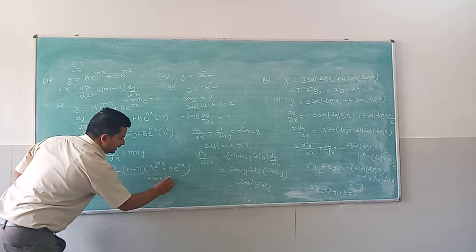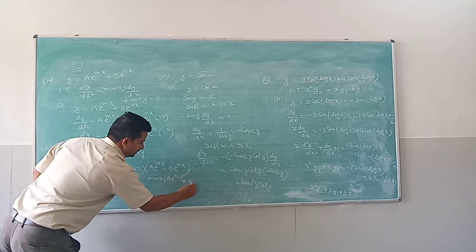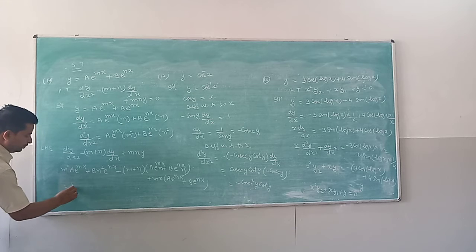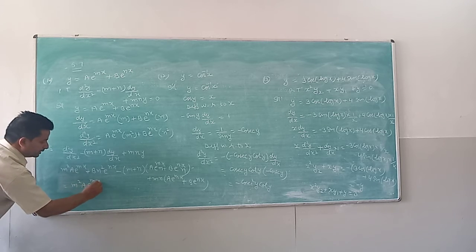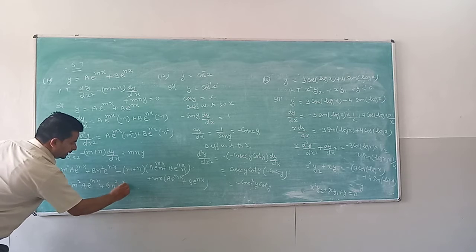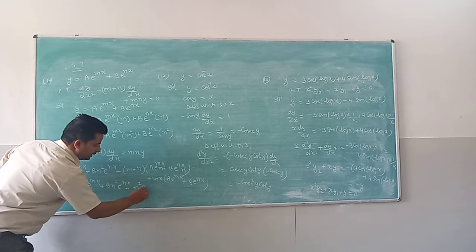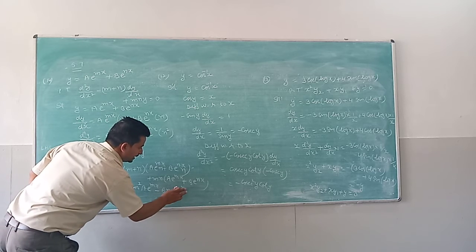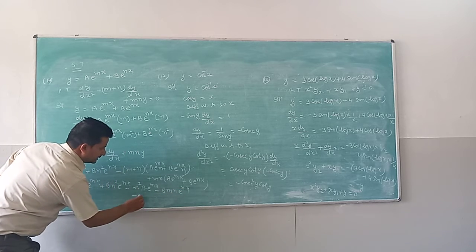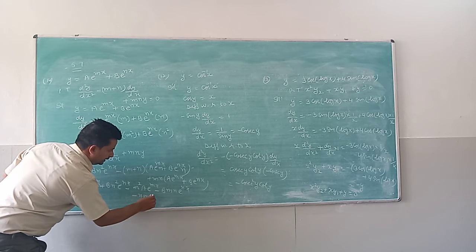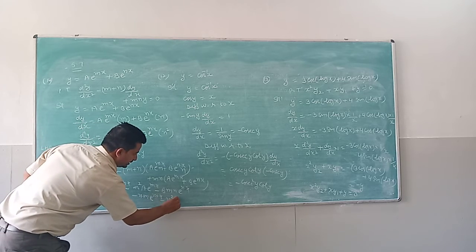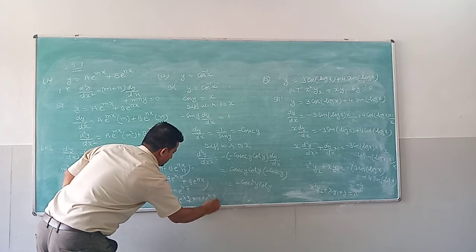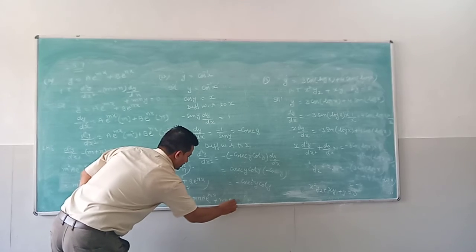When we open these brackets, all the terms cancel: m square a e power mx, minus mn b e power nx, minus n a m e power mx, minus n square b e power nx, plus mn a e power mx plus mn b e power nx.